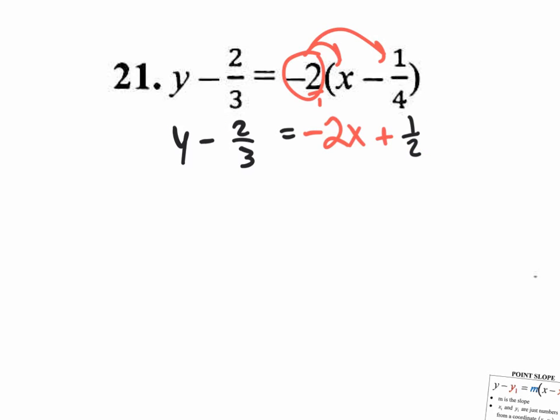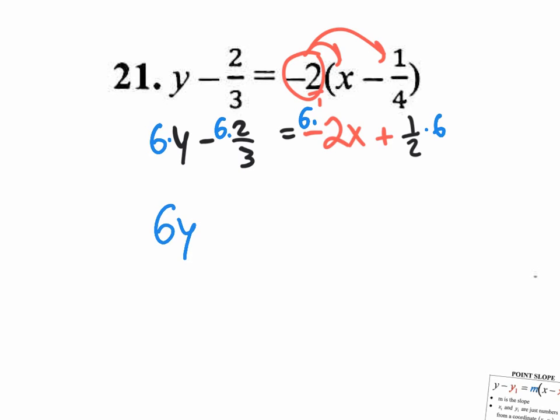Or if I wanted to get rid of both fractions at the same exact time, I multiply everything by 6, because for 3 and 2, the LCD is 6. So I want to get rid of both fractions at the same time by multiplying everything by the LCD 6. As you could see, 6 times y is 6y.